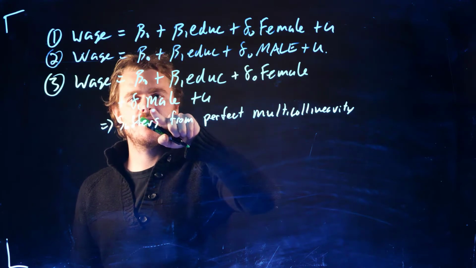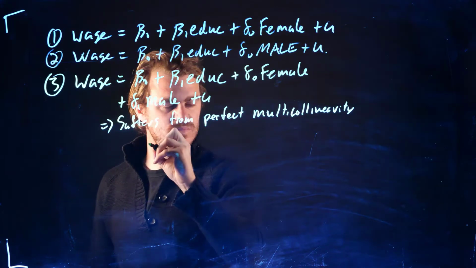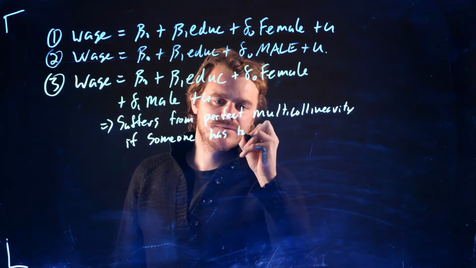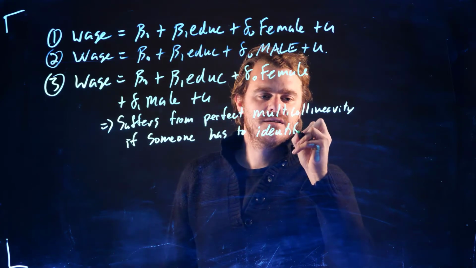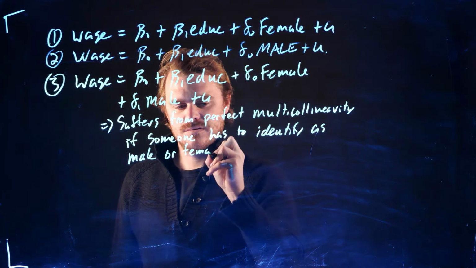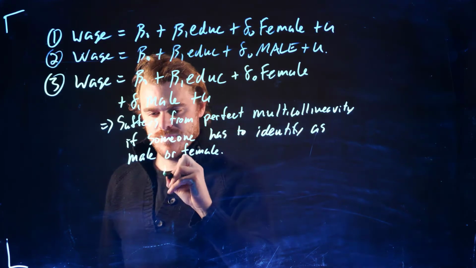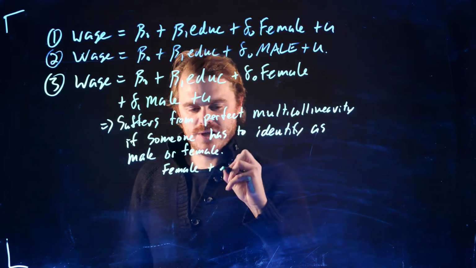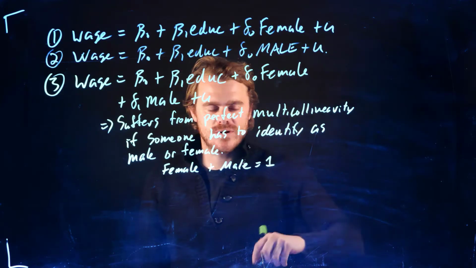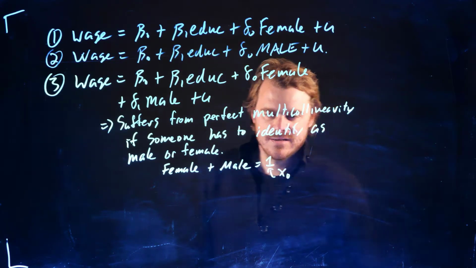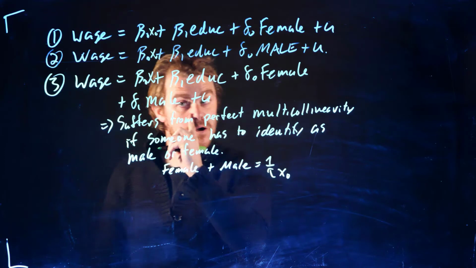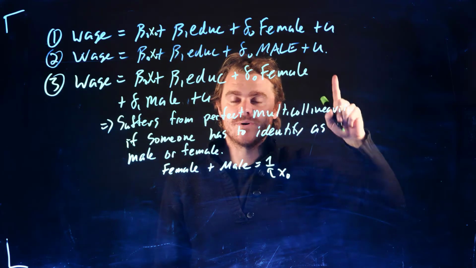Add those two things together and you always get 1, because this variable female plus male equals 1 if they have to identify as one of the two. And remember, 1 is kind of our x0, part of our intercept. It's a 1 for every single person.